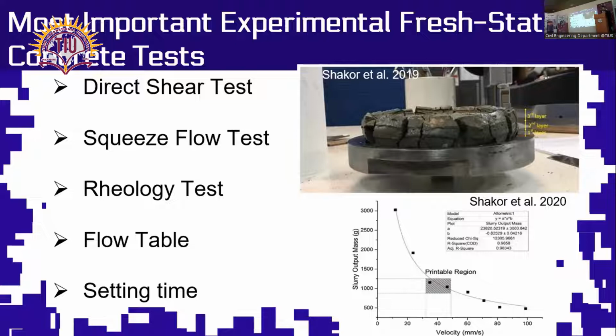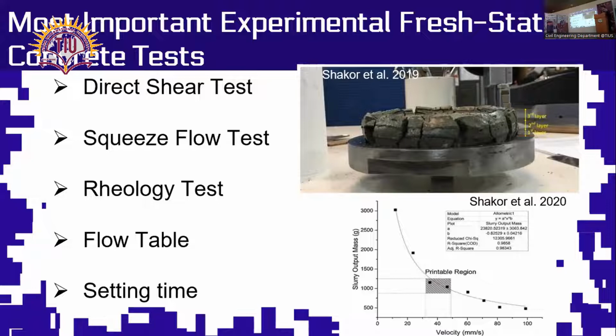Rheology tests, I mean thixotropy of the materials, such as shear thinning and shear thickening. If we have a water cement ratio over 0.4, it changes the behavior, especially for self-compacting concrete, from shear thickening to shear thinning. Rheology is not just one test, there are many tests you should consider. Flow table test is for flowability and slump.